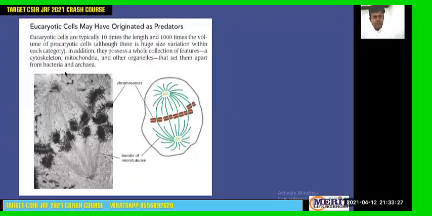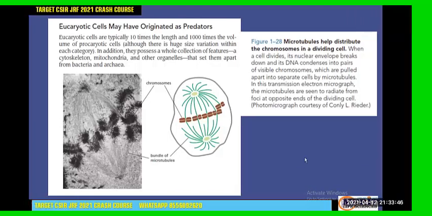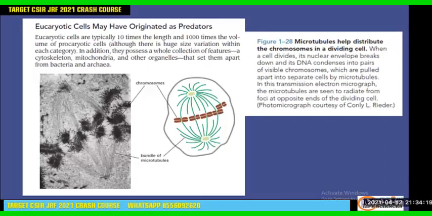So this concept was given, that eukaryotic cells may have originated as predators, right? Tell me, what do you mean by predators? No idea? Why can you say that they evolved as predators?